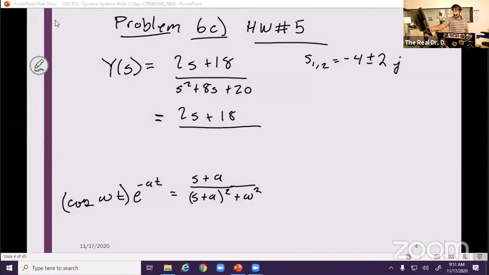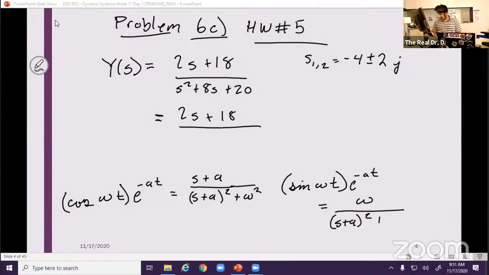And we also know that sine omega t, e to the negative at, has a Laplace transform of omega over ((s + a) squared + omega squared). So those are things that we know.